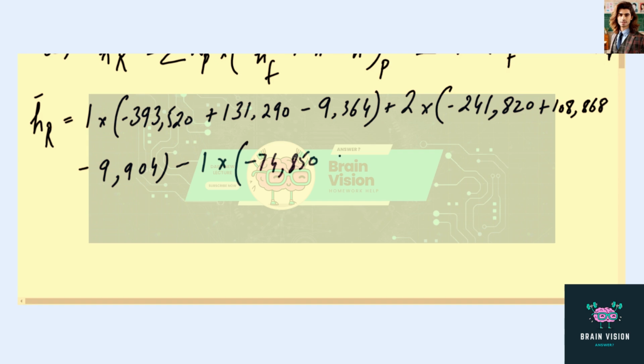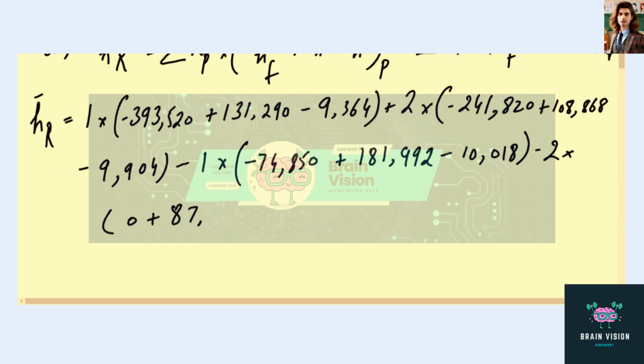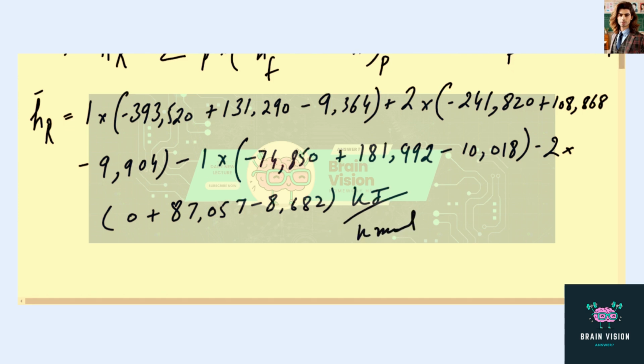plus 181,992 minus 10,018) minus 2 into (0 plus 87,057 minus 8682) kilojoules per kilomole.